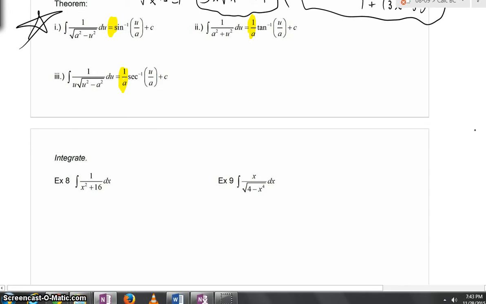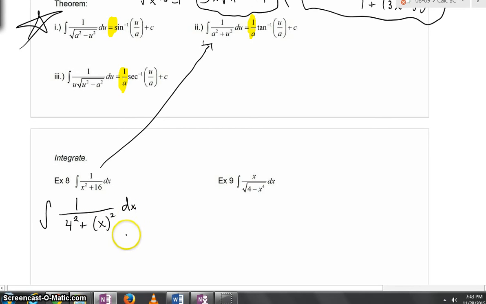For example 8, just recognizing the form, I hope example 8 is definitely looking very much like the inverse tangent form. So let's rewrite that to make it look a little bit nicer. 16 is really 4 squared. And really I'd have an x squared. That's like my u squared.